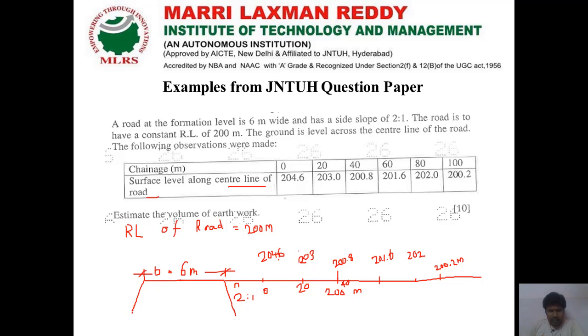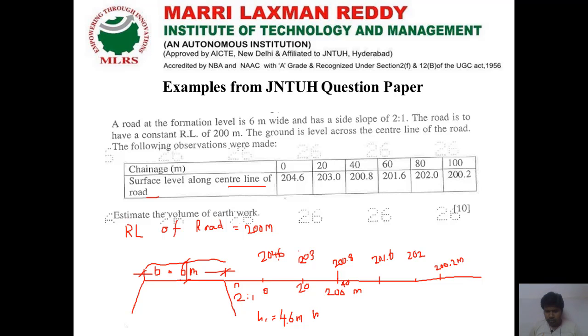The height of my surface may have an undulated profile, so I have to calculate the difference in height of the existing ground level with respect to the formation level. H1 at 0 meter is 204.6 minus 200 meter, so I am getting 4.6 meter. Likewise I have to calculate all the heights.